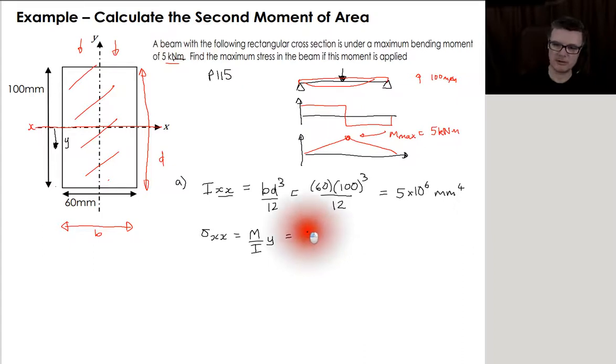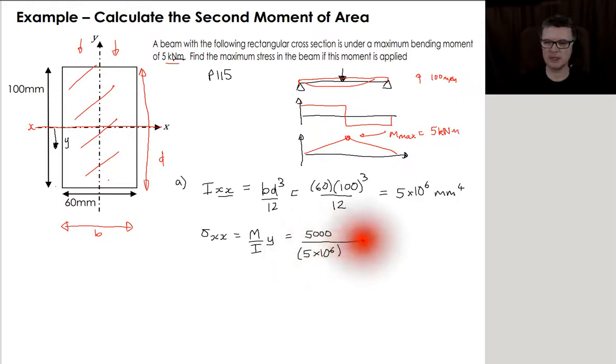So 5,000 Newton meters, that's my M. Now I've got my I value, 5 times 10 to the 6, and that's in millimeters to the power of 4.